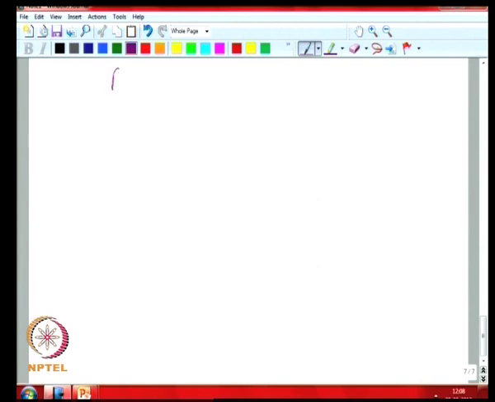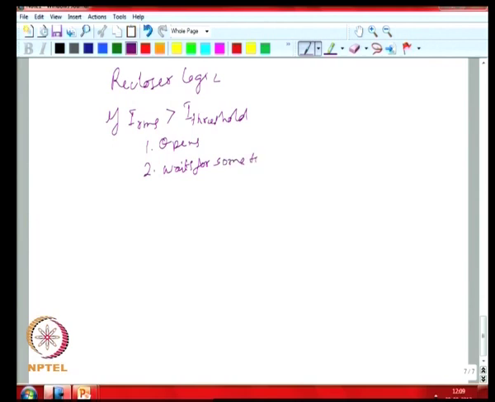So, if you look at the recloser logic, if IRMS through the recloser is greater than some threshold, then it opens, it waits for some time, then it recloses, then if IRMS is still above the threshold, it repeats.